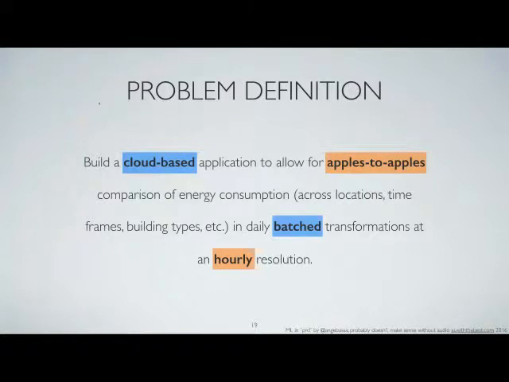Whereas allowing for an apples-to-apples comparison of these buildings algorithmically, that's a research question. And bringing it to an hourly resolution, where the industry standard had been daily up to now, is also a research question, whereas the manner in which you make these calculations available to the customer is a development problem. So that's why cloud-based and batched are in blue, and apples to apples and hourly are in amber.